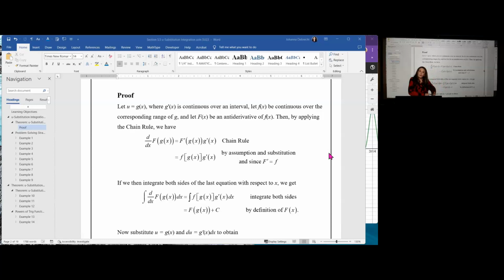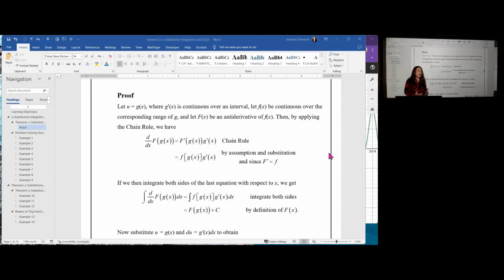Those y values are put into f as the domain values. So f needs to be continuous on the corresponding range of g. We also have an antiderivative function for the outside function lowercase f. All of those are the conditions. Those are assumed to be true.